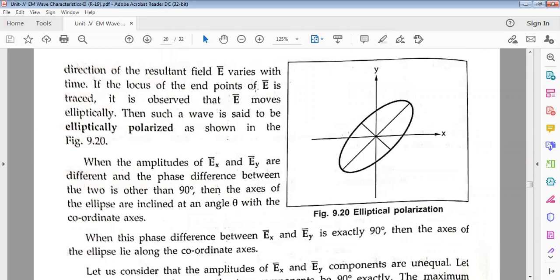If the locus of the endpoints of E bar is traced, it is observed that E bar moves elliptically. Then such a wave is said to be elliptically polarized.